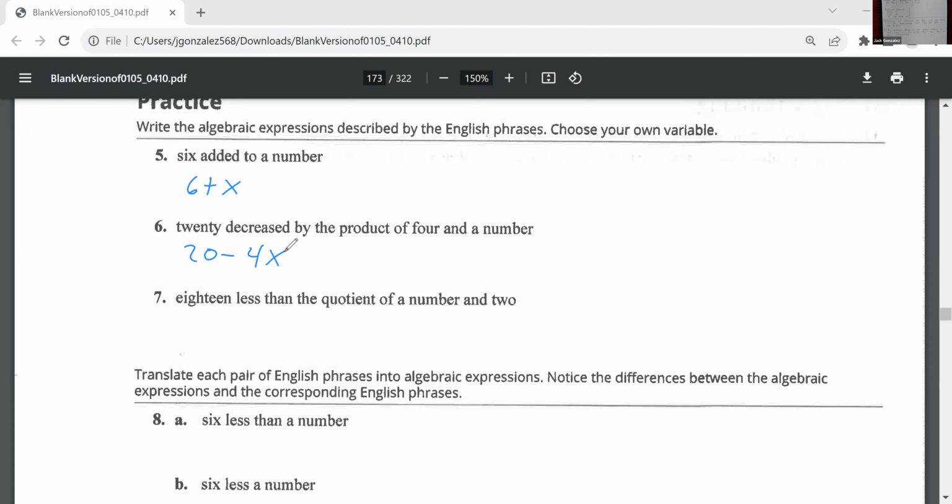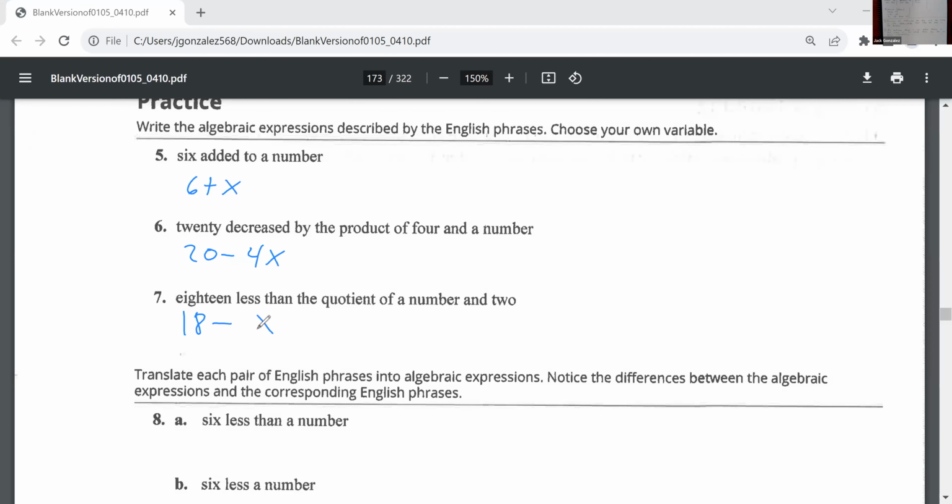Number 7. 18 parentheses, negative x, and then negative 2. 18 less than the quotient. Last time it was also minus, right? 18 minus, and then they're doing division, so a number and 2.